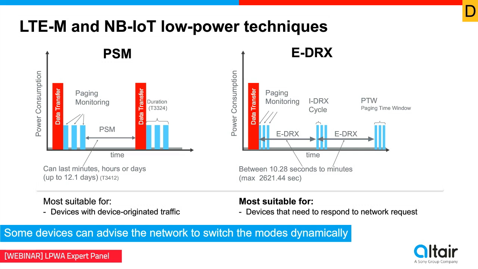One of the techniques is called PSM, or power saving mode, which is very commonly used in devices that go to sleep for quite some time and wake and send their data. It's typically called devices with device-originated traffic. You could think of various sensors that wake up and send data.